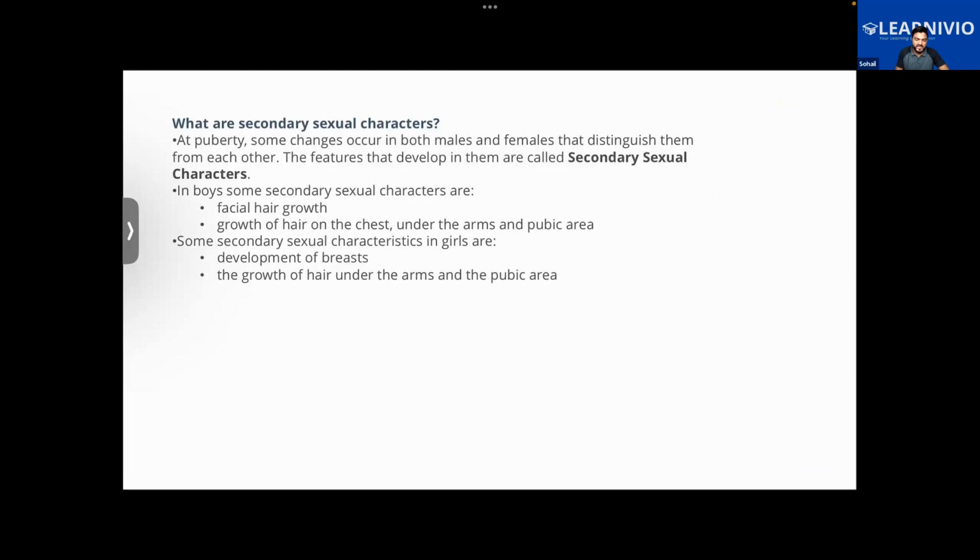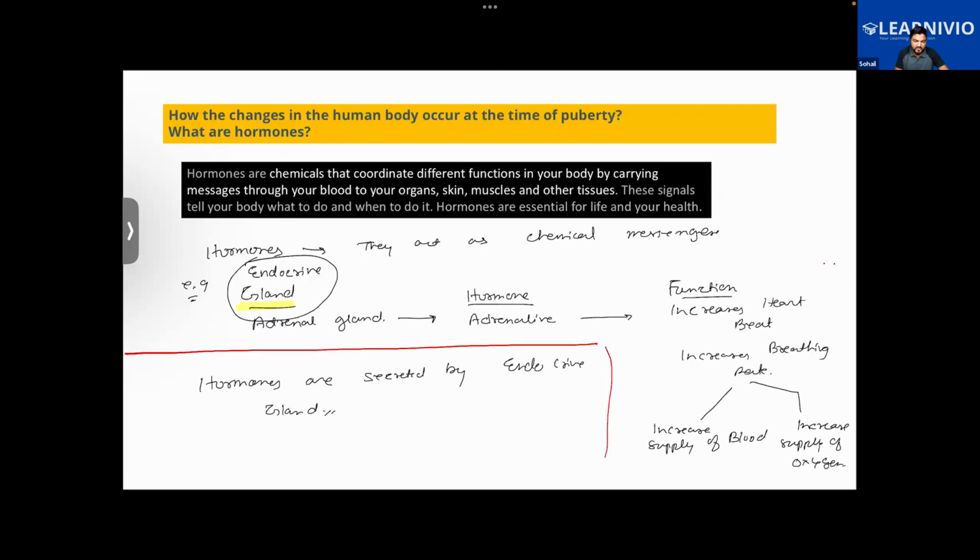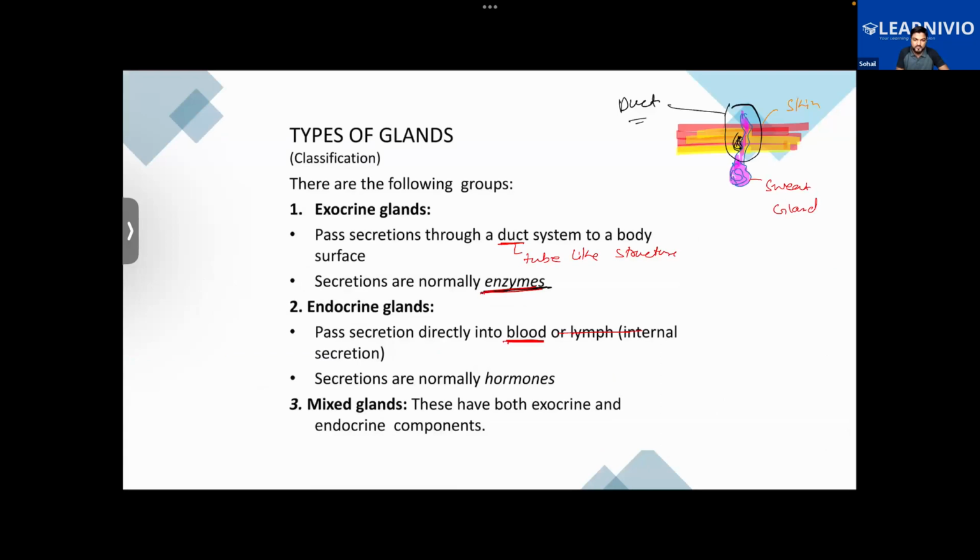There were two types of glands. One is endocrine, another exocrine. Yes, endocrine and exocrine. The third one, the mixed glands, is not important, so we are not discussing that.